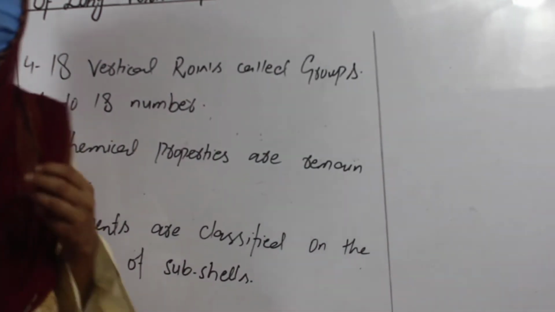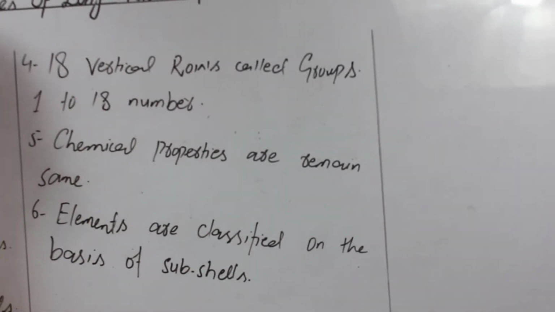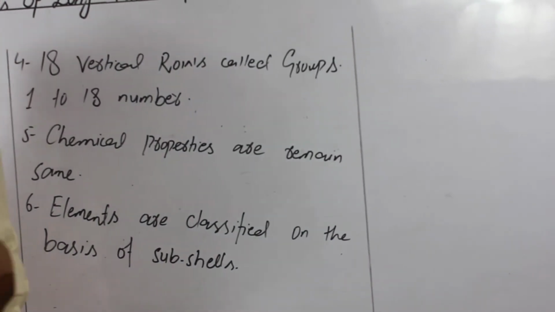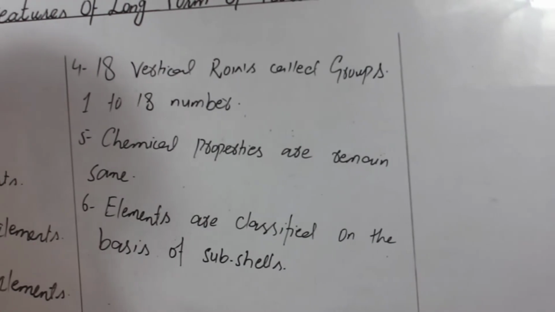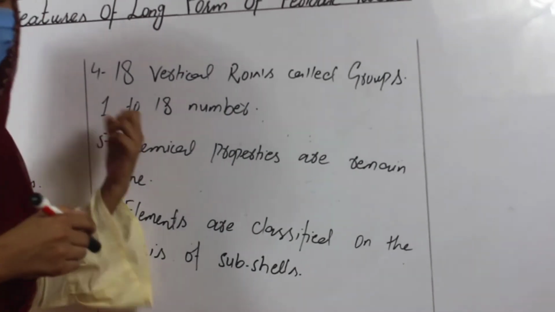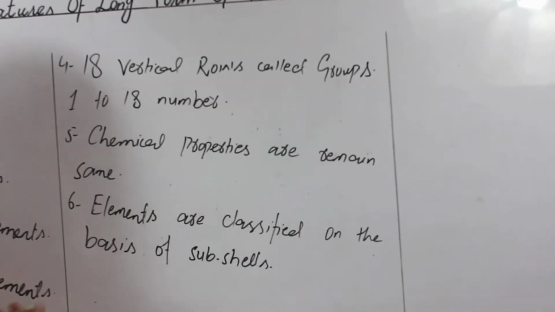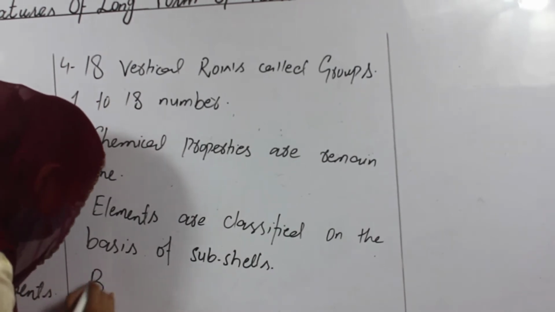How are they classified, and after the classification of the elements, which names are introduced in the long form of the periodic table? Block.